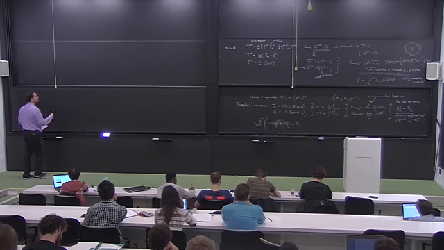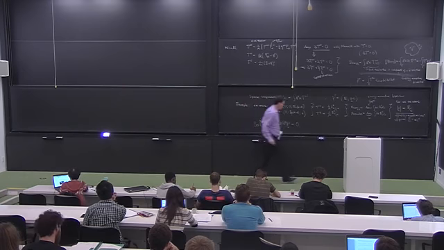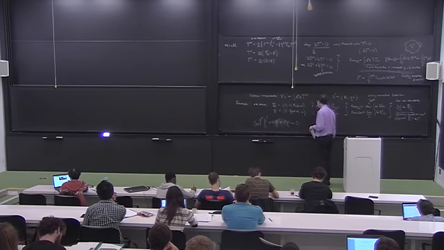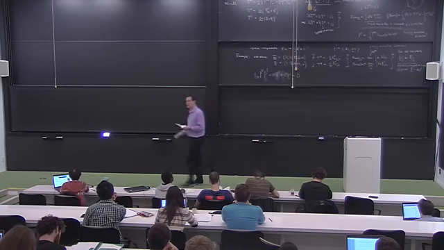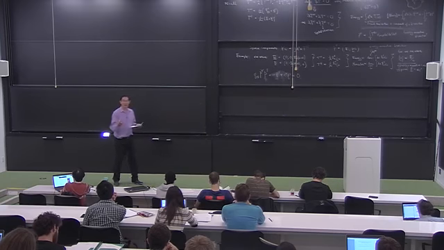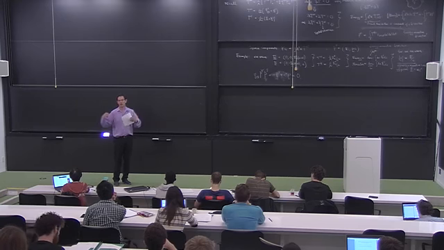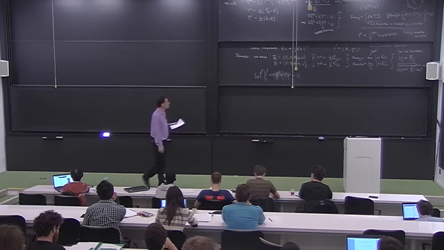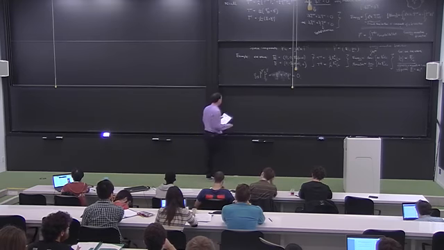Now, let's move on to particles. This was electromagnetic waves, but let's try and see how this generalizes to particles. After all, in the Maxwell equations, we have J mu, the current. The current is carried by particles. We need to understand the dynamics of these particles as well as the electromagnetic field.